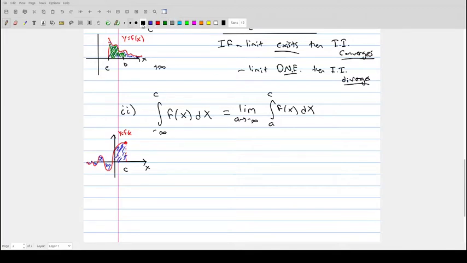So just like before, we first take the normal integral, which is not improper, from some fixed a value up to c. It's this green net area right here.